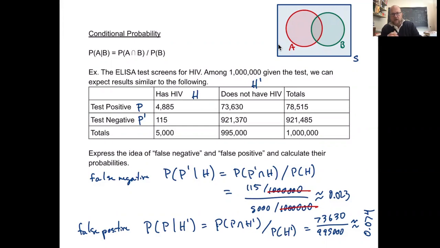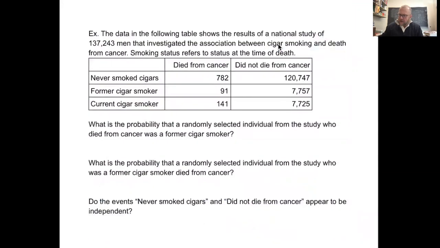So we read it as probability of A given B, okay? And so we'd done a calculation here about false negatives and false positives for the ELISA test that screens for HIV. And now we're going to take a look at something different.